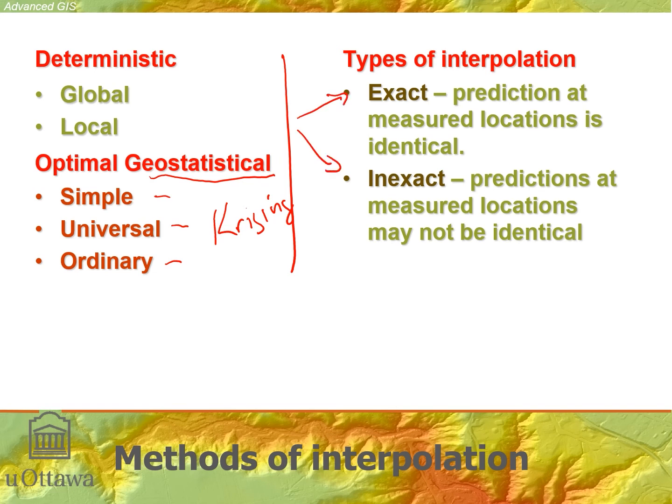And all it means, exact versus inexact, is what happens when a location to be interpolated coincides with a location where you have a value measured. So let's say the circle here is a measured value, and X is the location to interpolate.